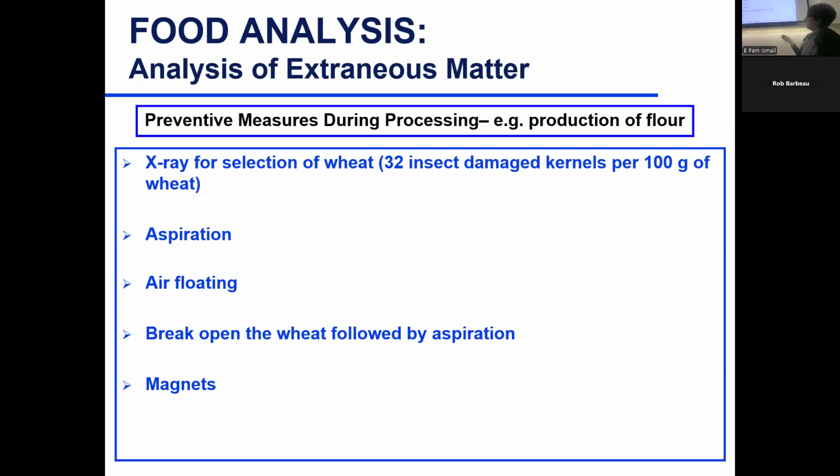We can break down, crush the wheat a little bit, aspirate. You can get rid of those larvae, as much of it as possible. You can use magnets to get rid of any metal contamination. All right, fun. That's it.